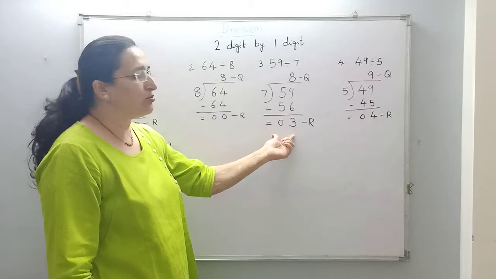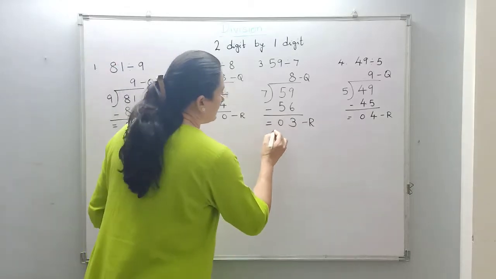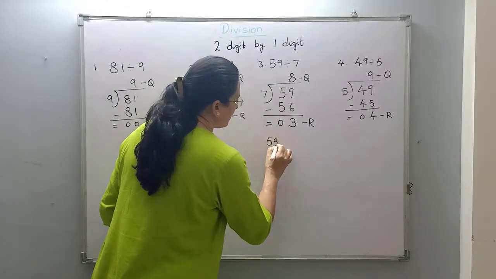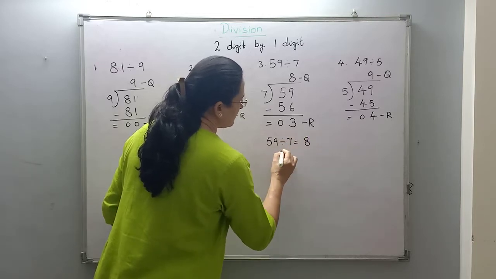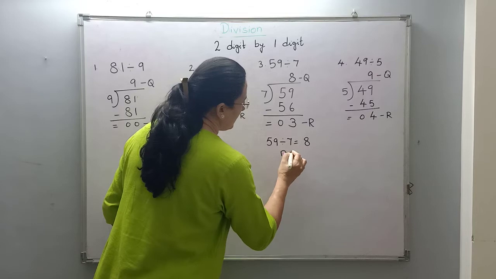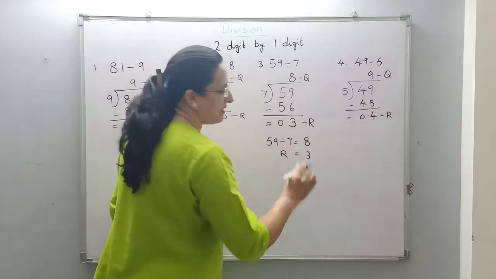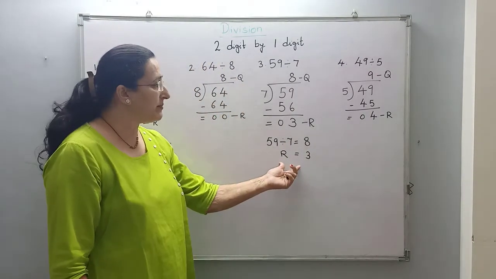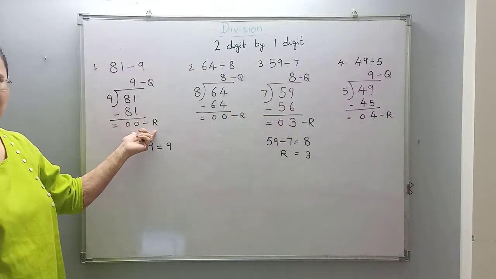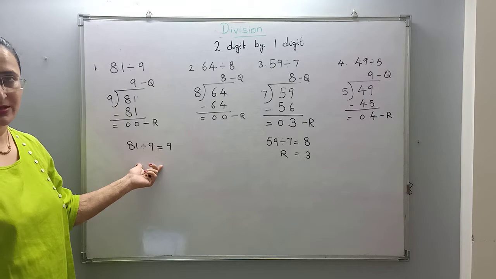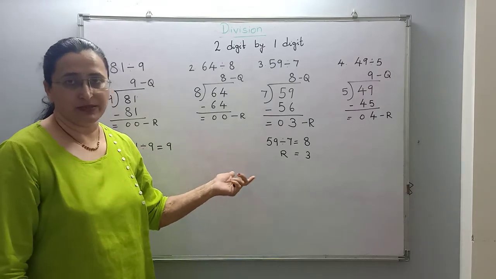But here when you write a division sentence for this sum, you will write it as 59 divided by 7 is equal to 8 is the quotient and remainder is 3. You have to mention the remainder as there is remainder. Here there is no remainder or 0 remainder, so we have not mentioned it. We will see some more examples.